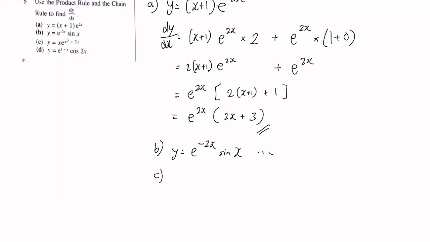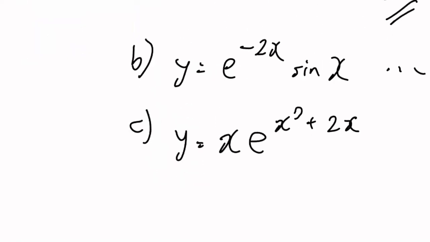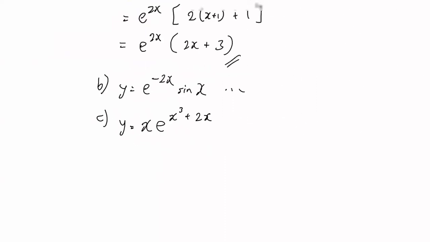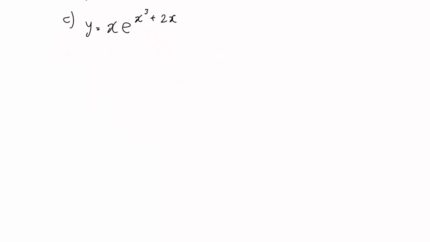Okay, part C. y equals x times e to the power of x cubed plus 2x. Oh no, we have an x cubed on top. Should I demonstrate or you want to try? dy over dx equal to product rule.